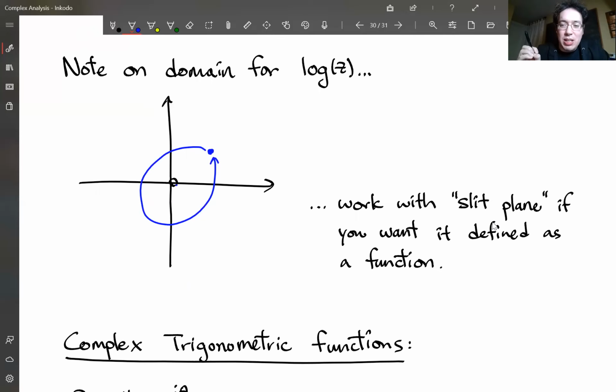So to make it continuous all the way through the journey, you have to cut it off somewhere.